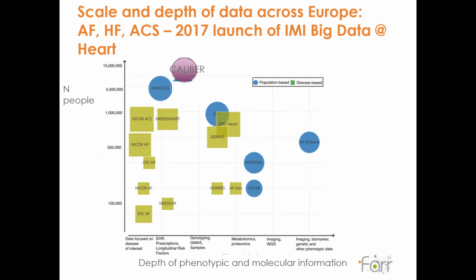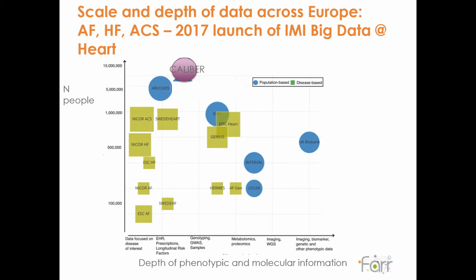I'm also pleased to say that the UK is part of a Horizon 2020 initiative. And this will be getting at big data across Europe, both, if you like, big in terms of number. You see that vertical scale goes up above 10 million, and big in terms of phenotypic, genotypic, and imaging depth, the horizontal axis there. So there's a range of resources.